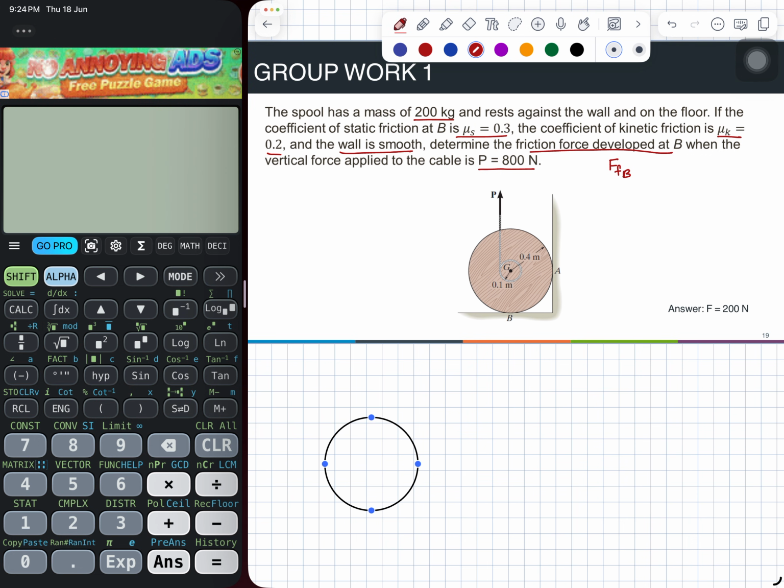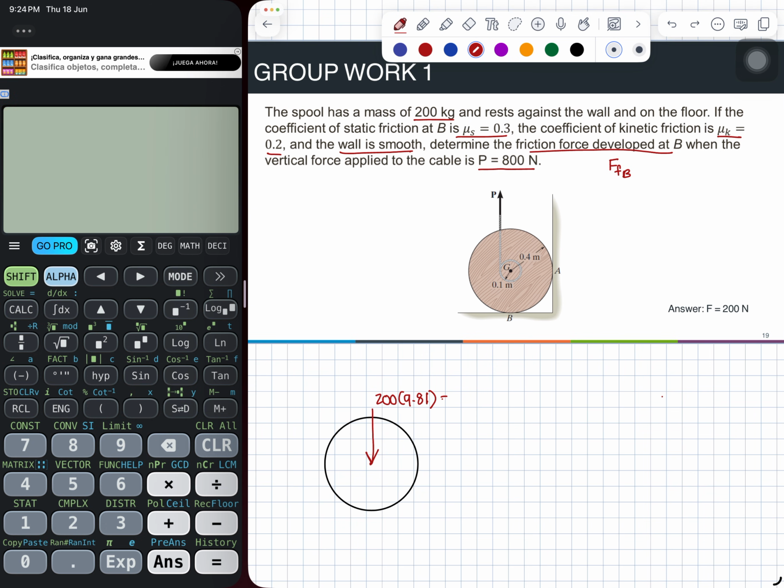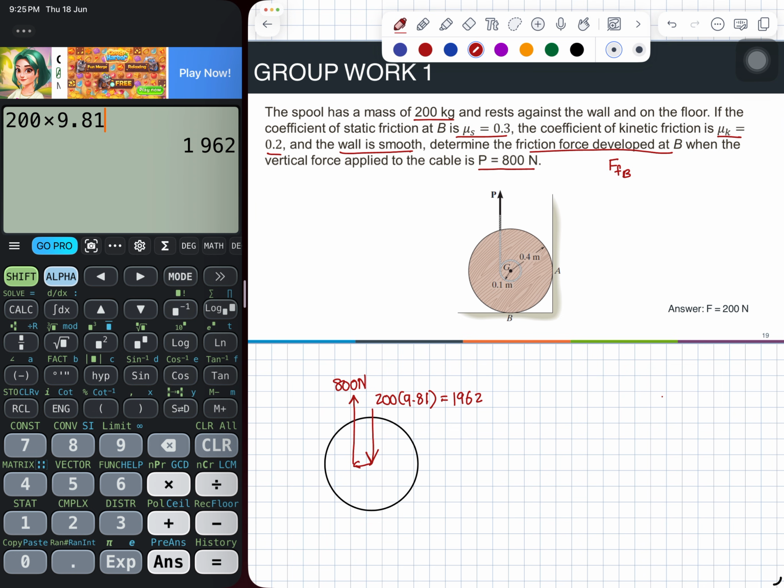We have the weight of the spool with 200 kg, which equals 1962 Newton, and with the distance 0.1 meter we have 800 Newton here, and we also have the radius of the spool with 0.4 meter.